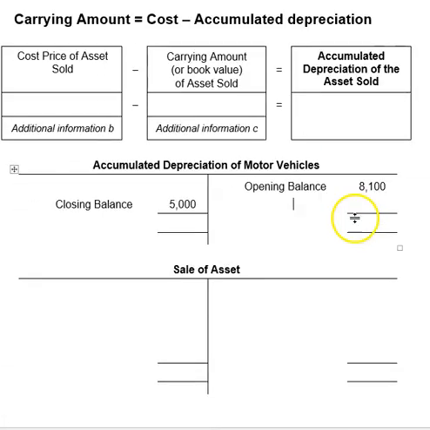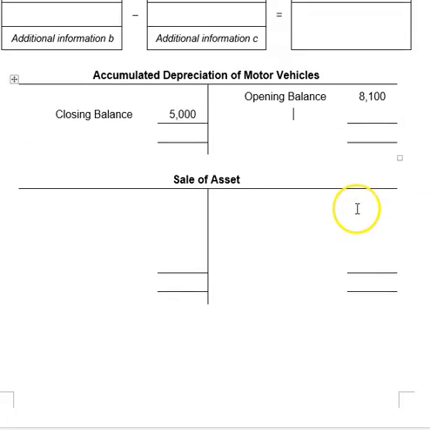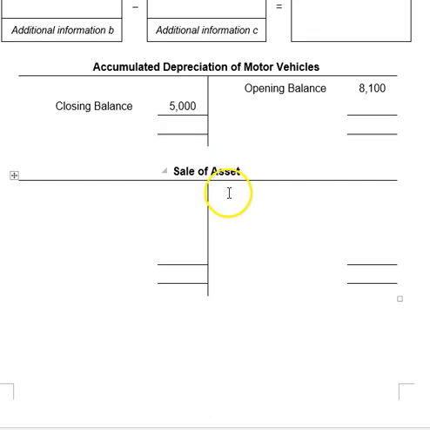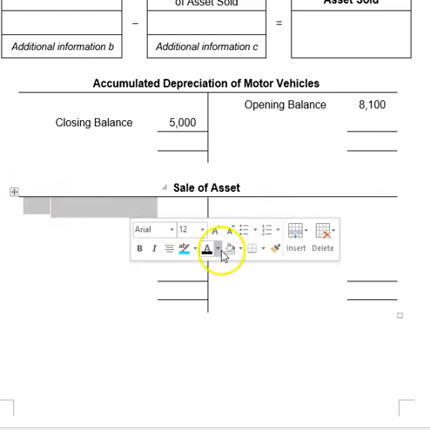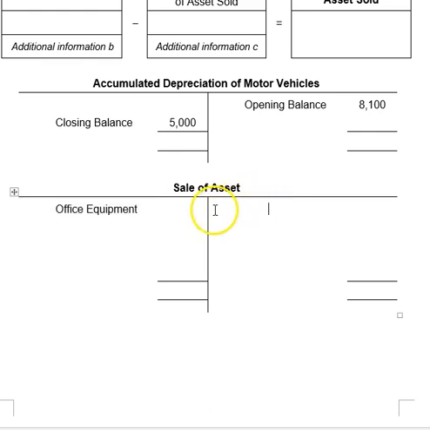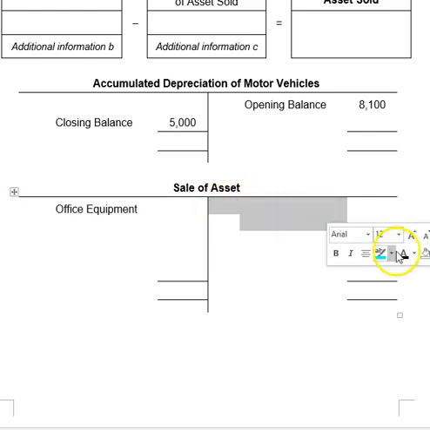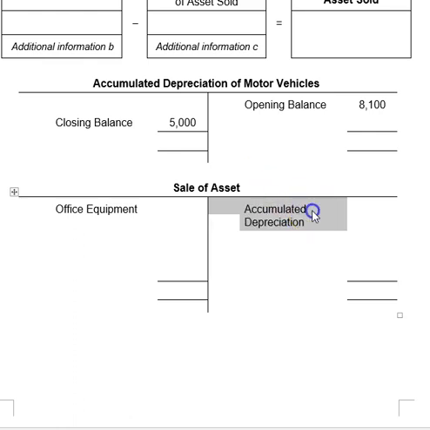I did mention in the previous video about sale of asset, you must have 4 items in your sale of asset. Since you are selling off your office equipment, you need to record the cost of the office equipment that you have sold, and the accumulated depreciation of the office equipment that you have sold.